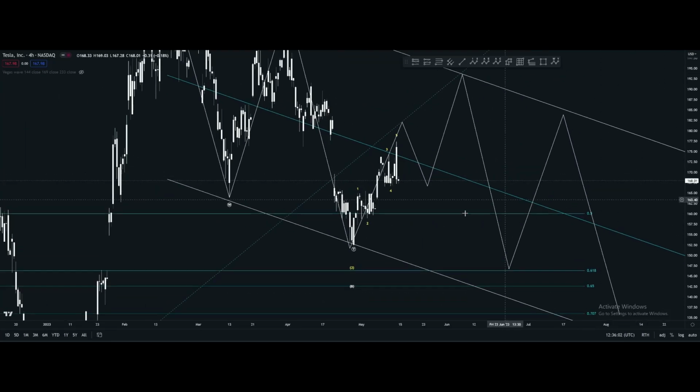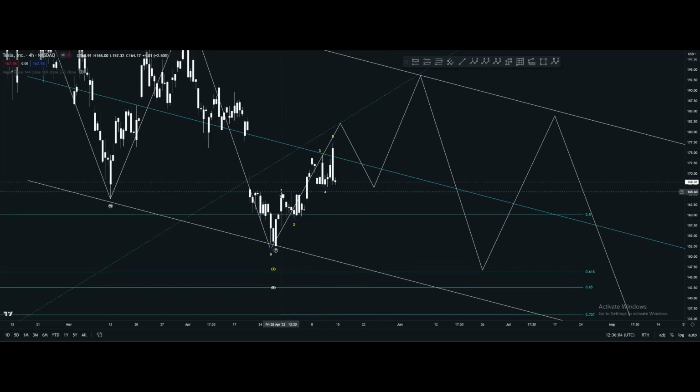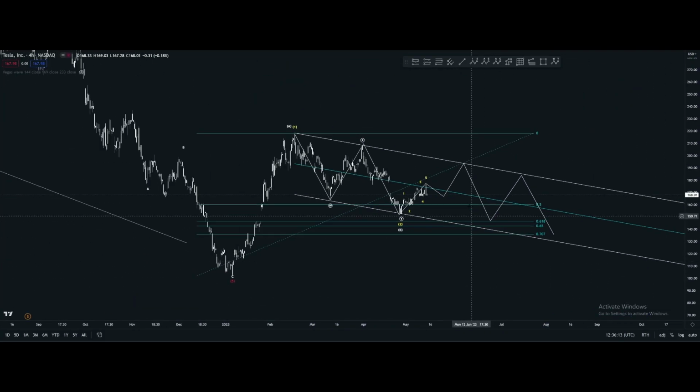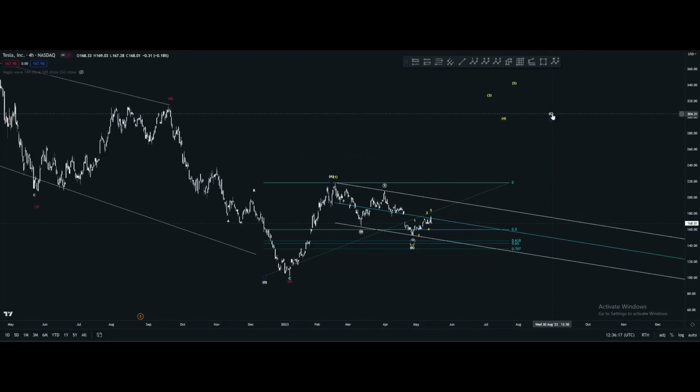And after it started moving, we had 5 waves that don't overlap, so it's a case of this being an impulse and the beginning of the supposed wave C or 3.